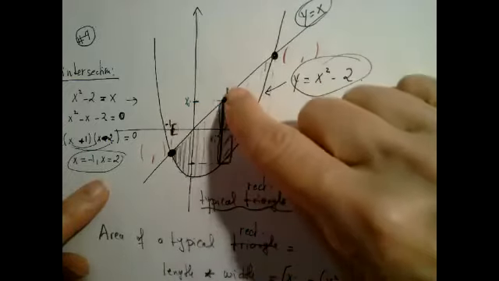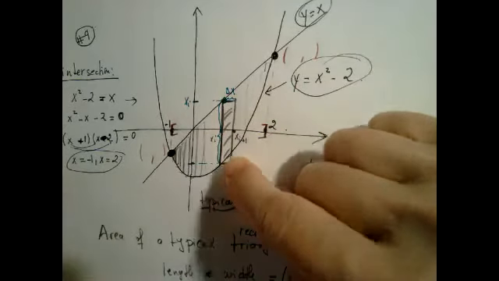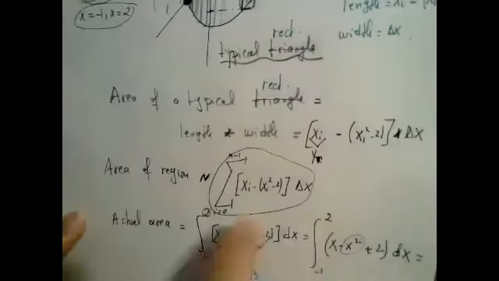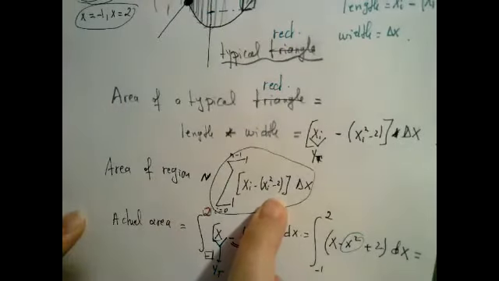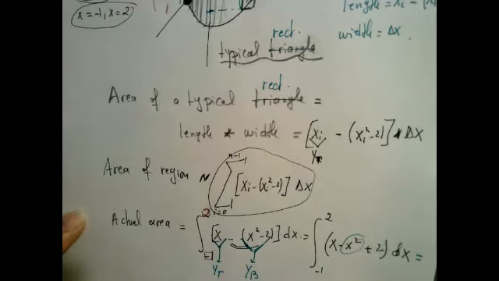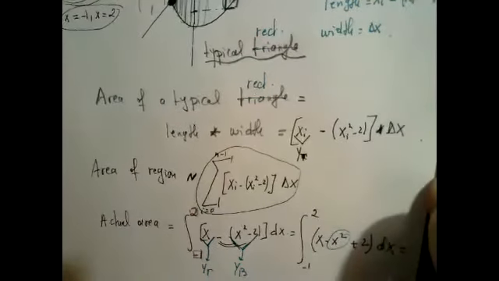We draw a typical rectangle and we concentrate on the area of this typical rectangle. The third idea, we have to add all those areas. Adding them will give me a Riemann sum. And then we use the definition of the definite integral to set up our own integral. Questions, please?